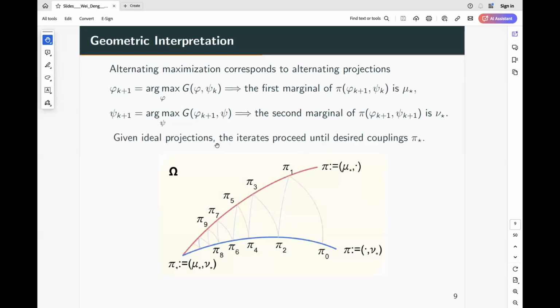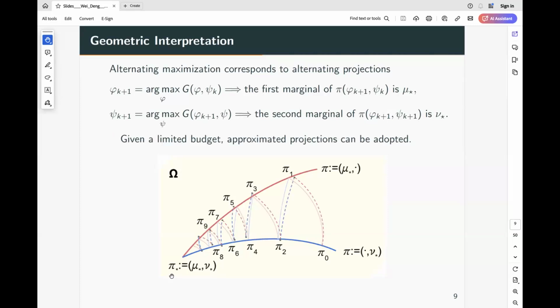So given ideal projections and with some coupling initialized somewhere, we can actually map the coupling to the desired coupling where the first marginal is mu star, and then we can map the coupling into the second set of coupling where the second marginal is nu star. We can repeat this process until we reach some equilibrium where the pi star is the projection onto the Gibbs kernel. And of course, in practice, solving exact projection is quite expensive.